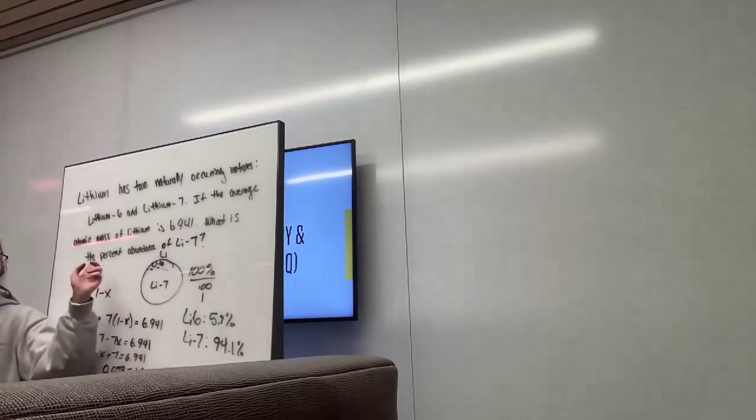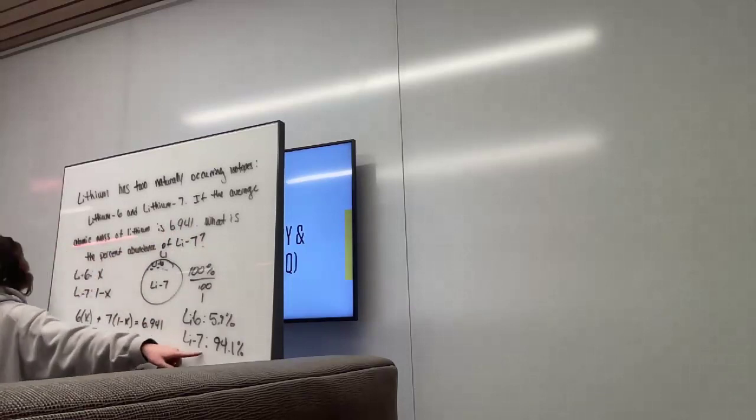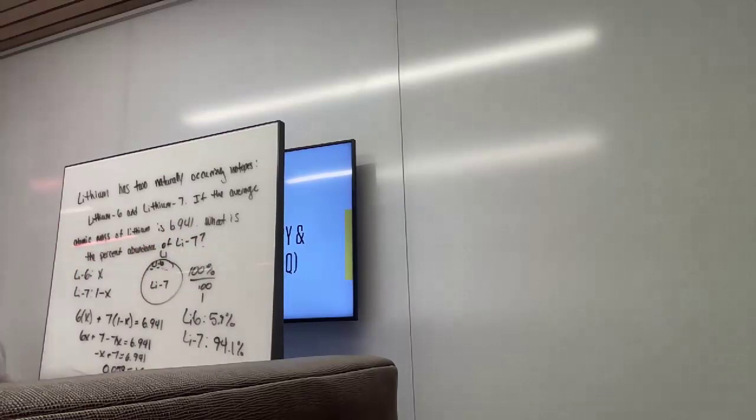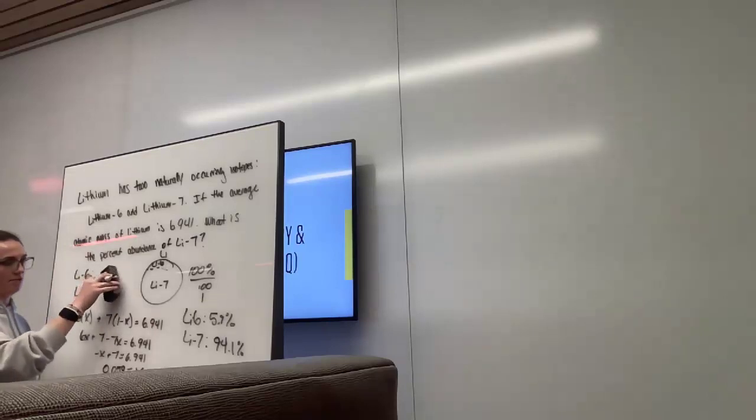We didn't find lithium 7, so we had to take an extra step to find 94.1. But if we changed it so this was 1 minus X and lithium 7 was X, now we would solve for X and get our answer directly. So X correlates to the isotope you're asked for. Yep. She only says that so that you're not doing extra subtracting and plugging into your calculator wrong. But it's all just preference. As long as you have clear notation of what both of them are, then you're good to go.